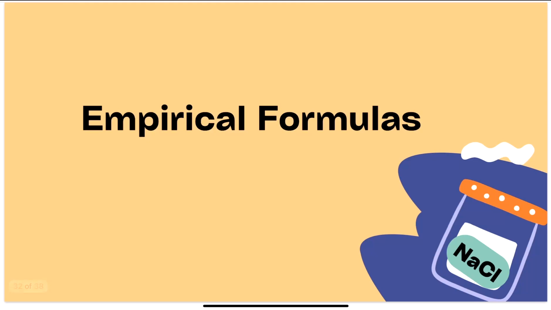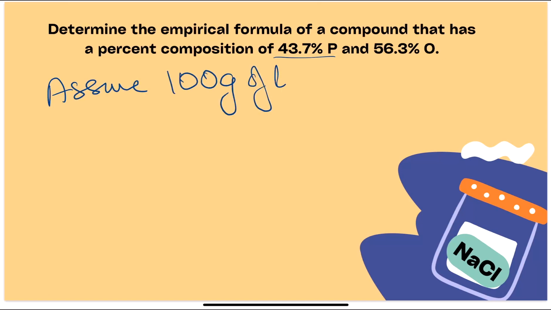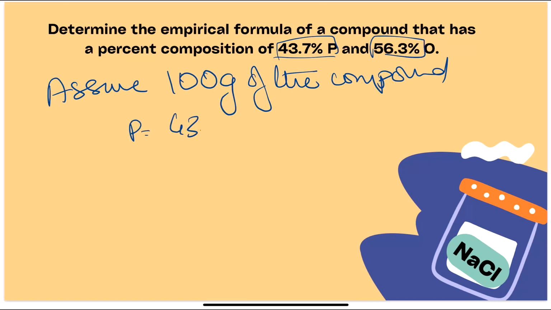Next, we're going to discuss empirical formula. So how do you determine the empirical formula? The first thing you're going to do is assume you have 100 grams of the compound. If you have 100 grams of the compound, it means that you can convert these percentages to grams. So it becomes 43.7 grams of phosphorus and 56.3 grams of oxygen.